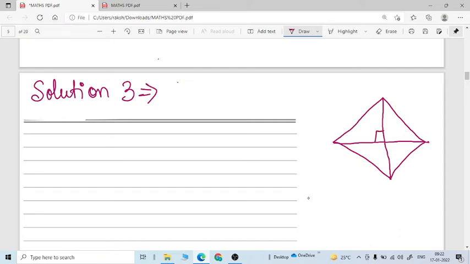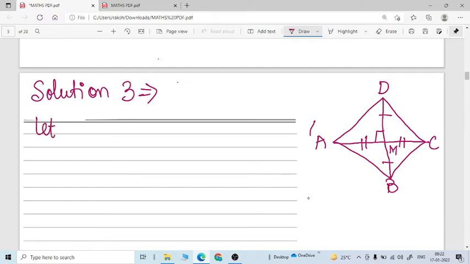Okay, let's build our rhombus, that is A, B, C, D. As I said earlier, these two are the same and this should be the same. And in between we will put M, for better understanding and for better verification. So let's start.